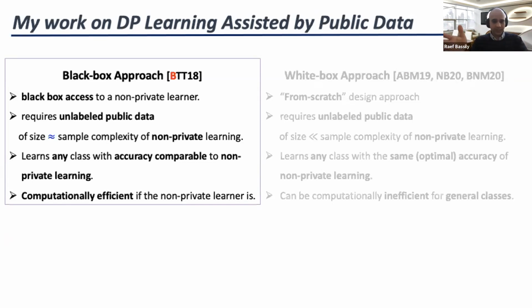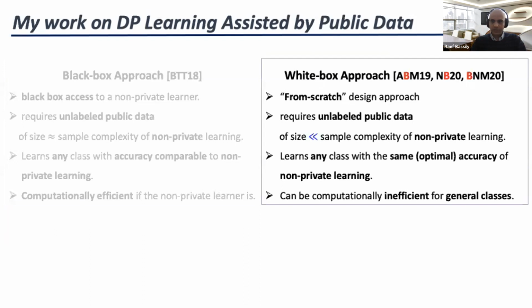Our algorithm provably learns any functional class, any hypothesis class, with accuracy comparable to the accuracy of the non-private learner, although the accuracy achieved in this case is slightly worse than the accuracy achieved in the non-private learning setting. Our algorithm also is computationally efficient as long as the underlying non-private learner is computationally efficient.